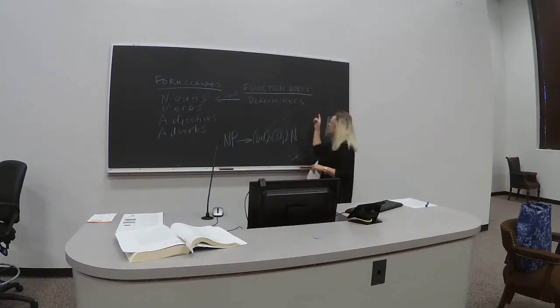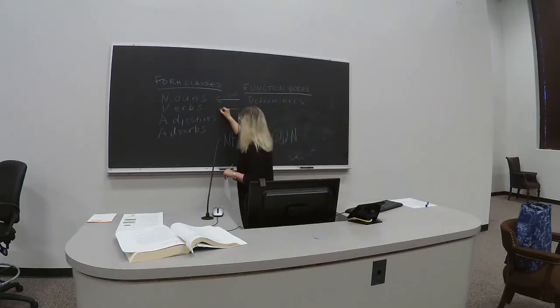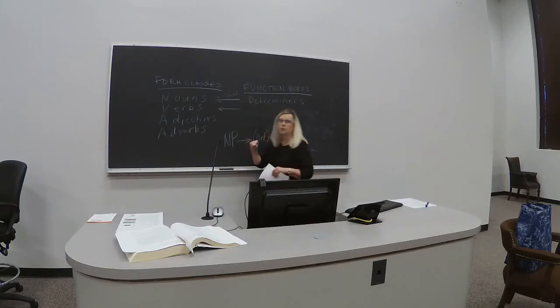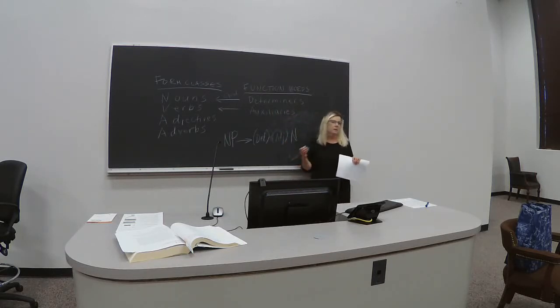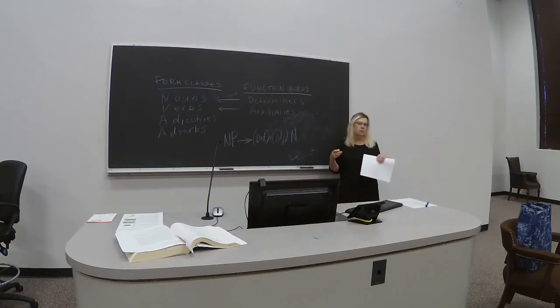So the function words called determiners signal nouns. And what is the category of function words that signals verbs? Just a quick review here. Auxiliaries. Yes. And there are modal auxiliaries like can, could, may, might, will, would, shall, should, must. And then there are also other kinds of auxiliaries, very few though.